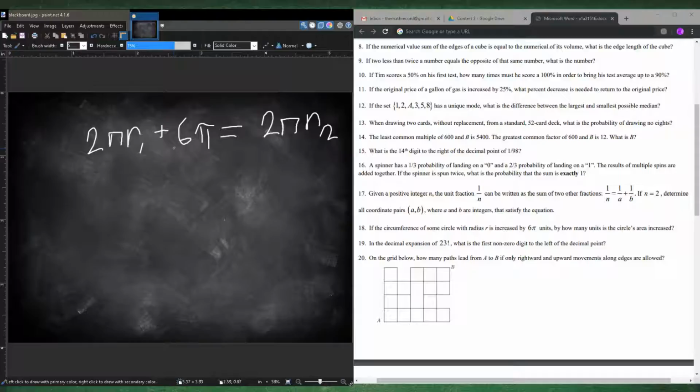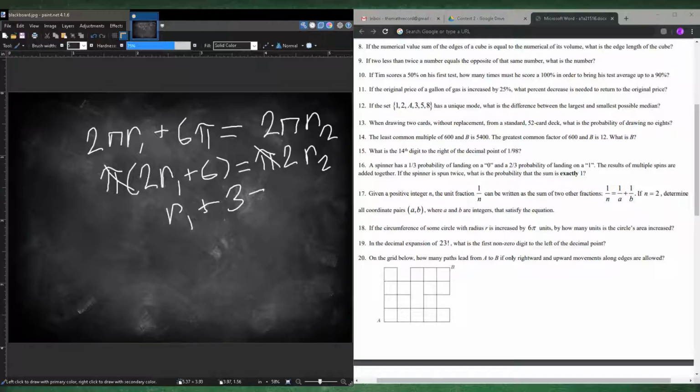So if we're adding them together, we have pi 2 radius 1 plus 6 is equal to pi 2 radius 2. So I'm just moving the pi away. So you just divide that pi out. And then divide by 2. So you get a radius subscript 1 plus 3 is equal to radius 2. So the new radius is just 3 more than the old one.